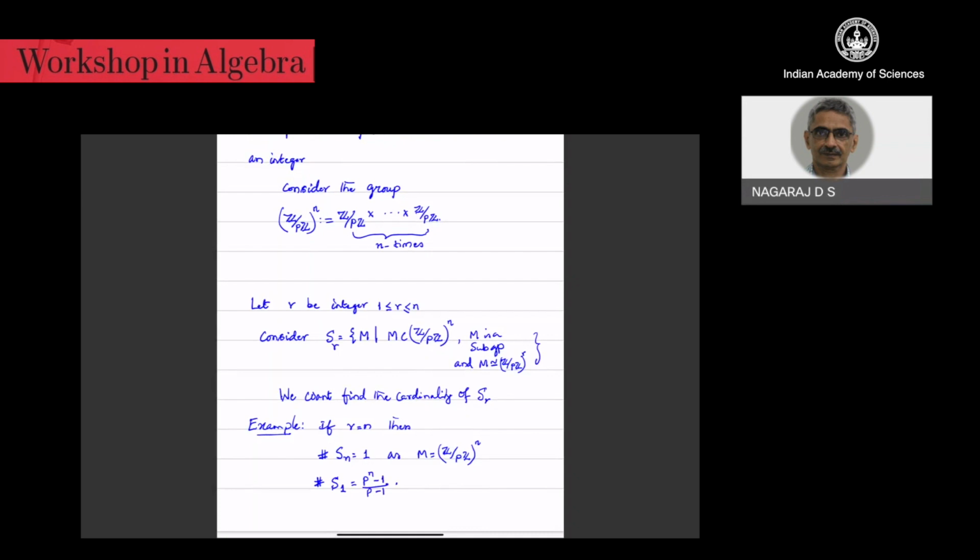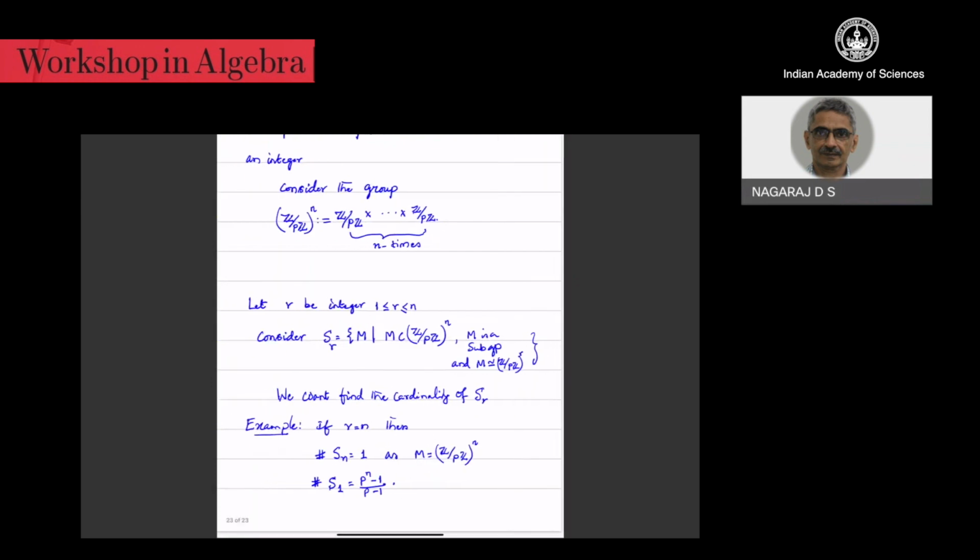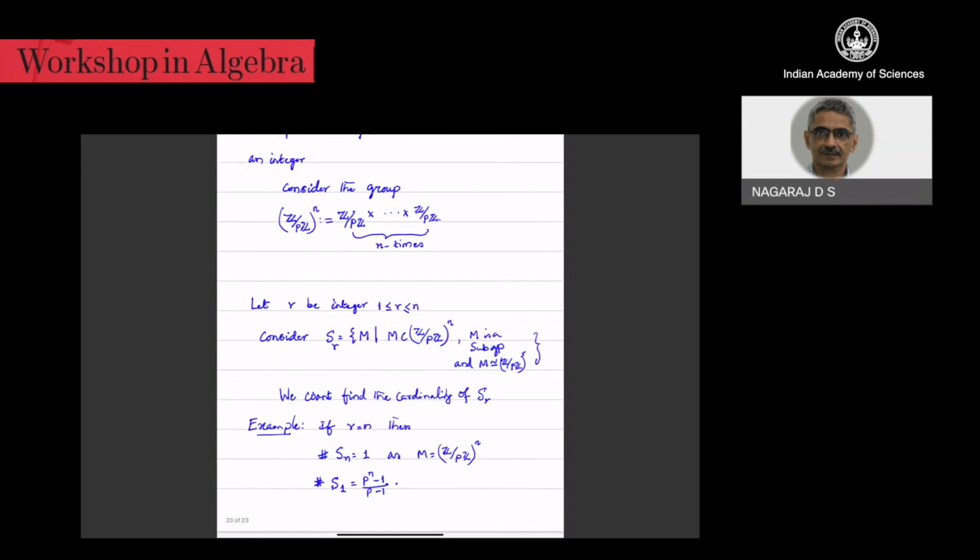Anyway, I will say how to compute these things and other details in the next class. So, for example, I just look at one small example here. Namely, I will specialize the case.